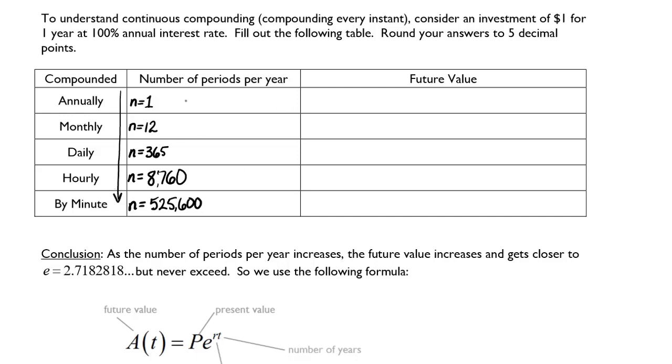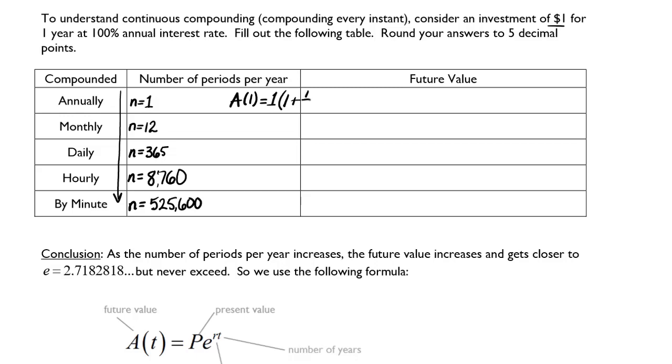Let's take n equals 1 and put it in our future value formula. We know that time is 1, so in place of t, we'll put 1. We have an investment of $1, so we'll put 1 out front. And we're investing for 1 year at 100%.